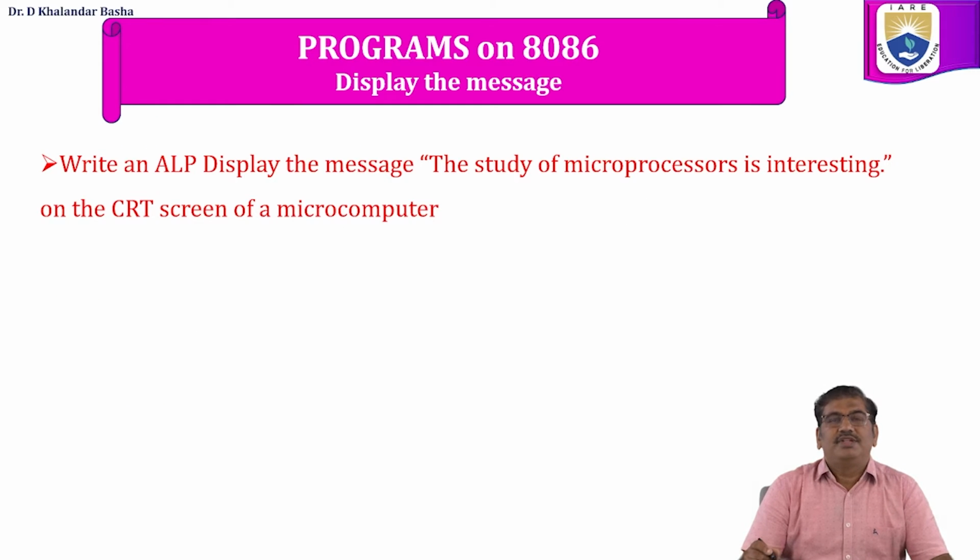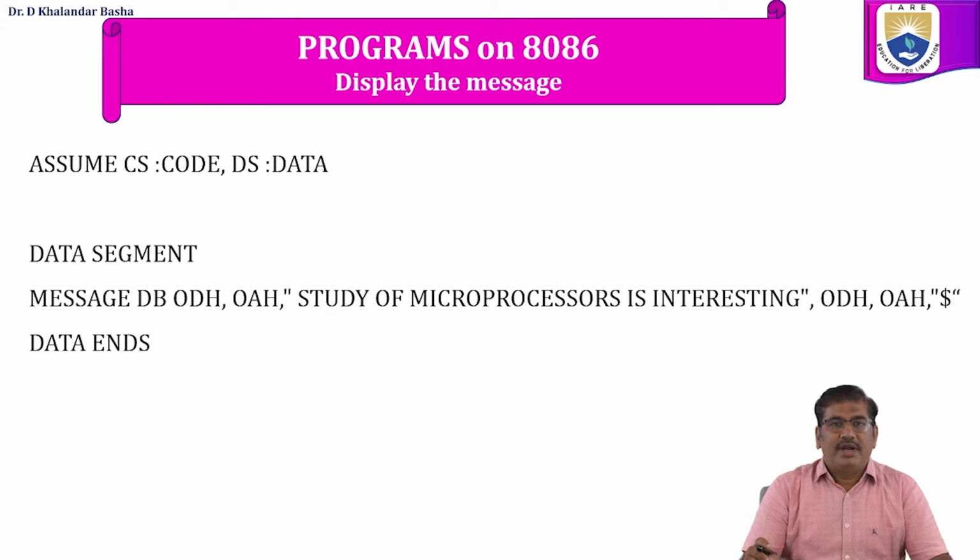The first program is to write an ALP for displaying the message: The study of microprocessors is interesting, on the CRT screen of the microcomputer. For writing this program, first we will initialize the data segment, and the assembler will assign the addresses for the code segment and data segment.